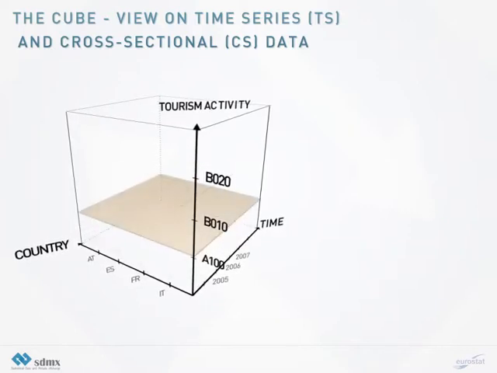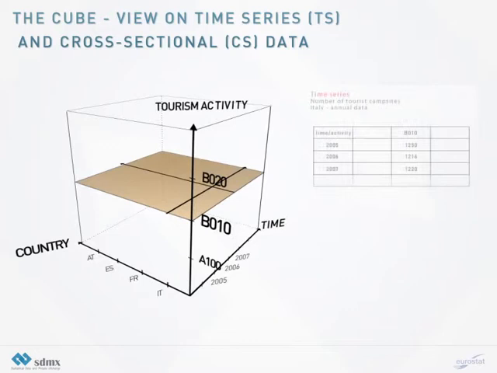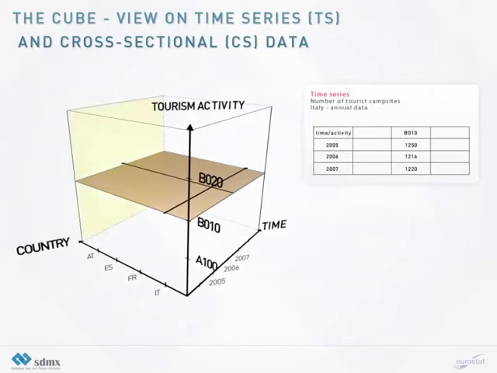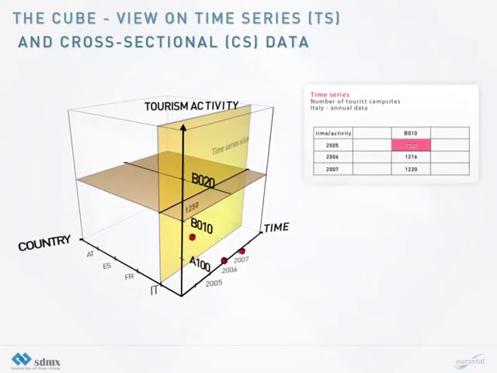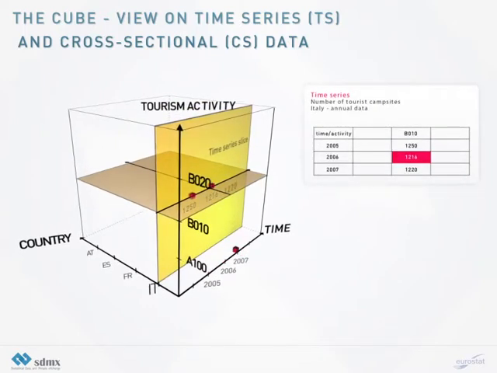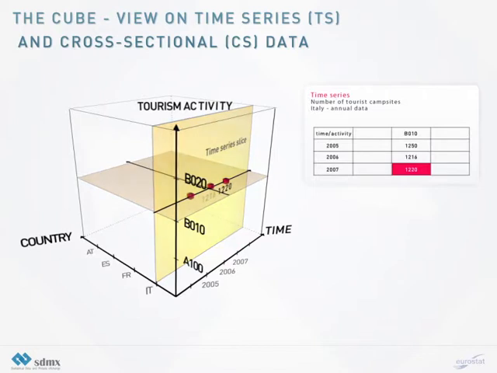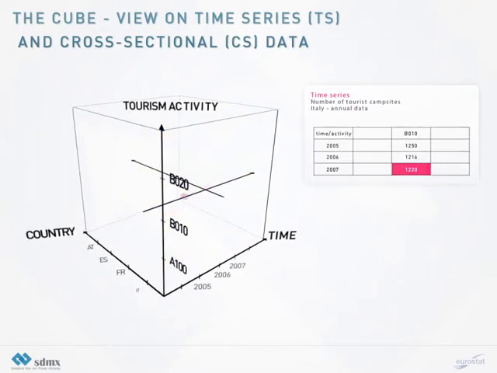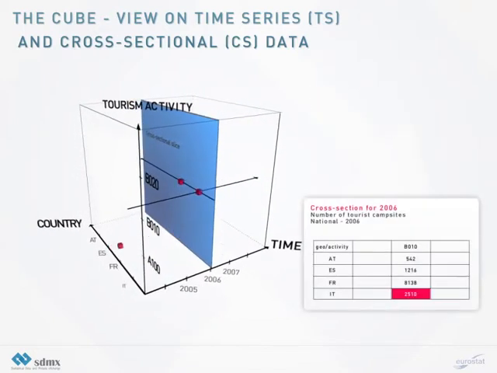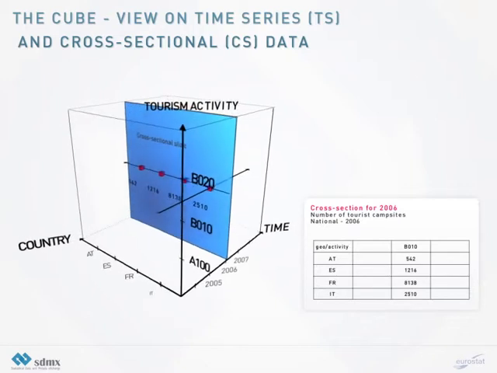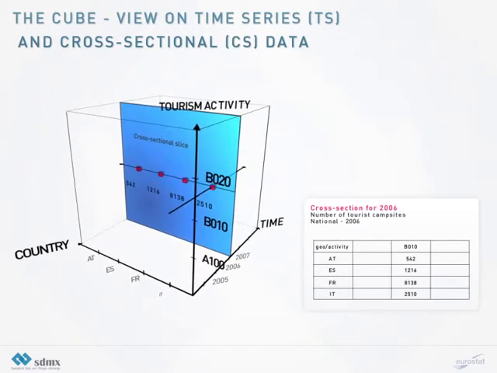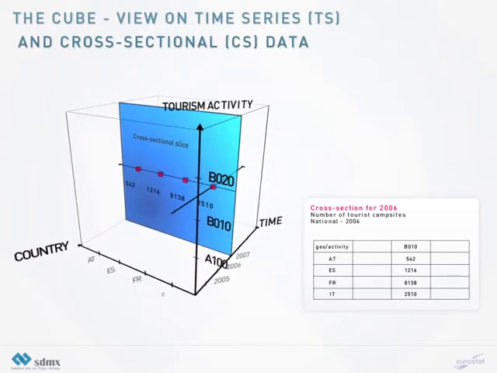For the tourism activity B010, tourist campsites, the time series slice for Italy shows the annual numbers of Italian campsites. If we fix the time at 2006, a cross-sectional slice is shown. Its values at level B010 correspond to the number of tourist campsites for 2006 for the 4 countries.